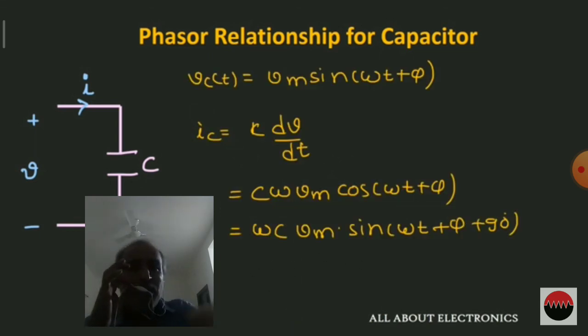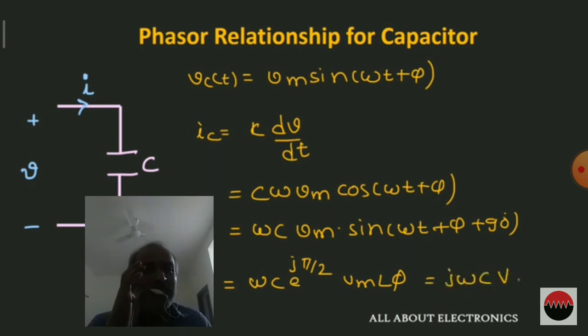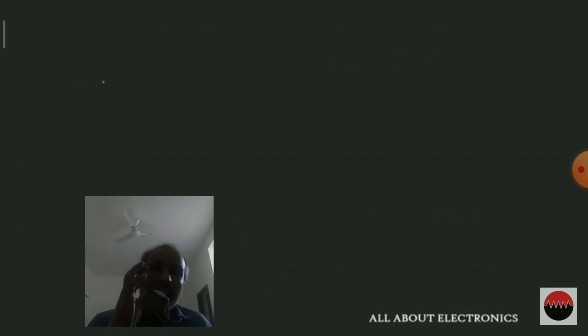In simple form, current can be written as ωC e^(jπ/2) Vm ∠φ, or jωC V. Vm ∠φ is nothing but V, and this is nothing but the current.